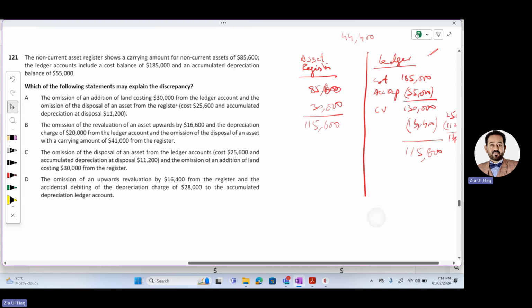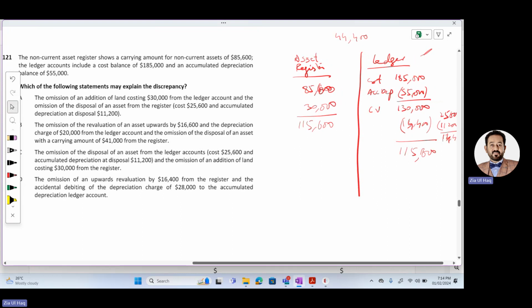D. The omission of an upward revaluation by 16,400 from the register. If we add 16,400 to the register, it will become 85,600 plus 16,400, which is 102,000. And the accidental debiting of a depreciation charge of 28,000 to the accumulated depreciation ledger account.